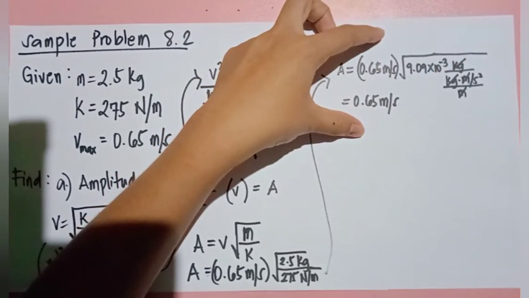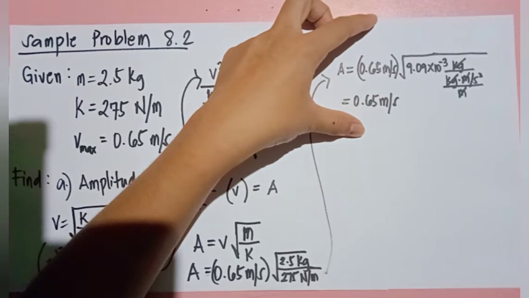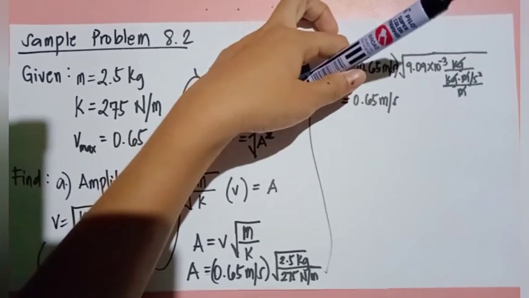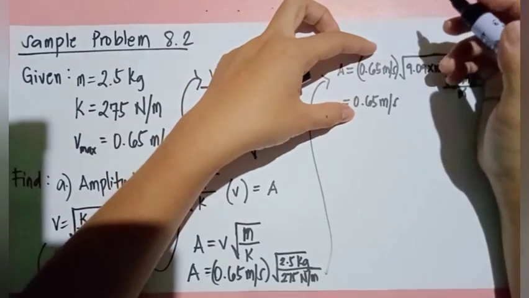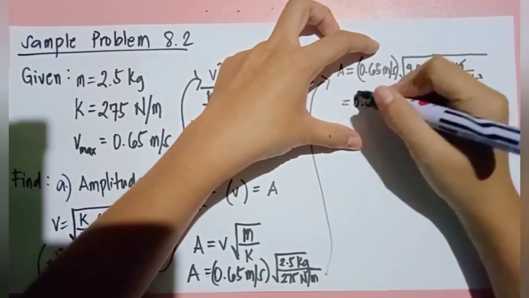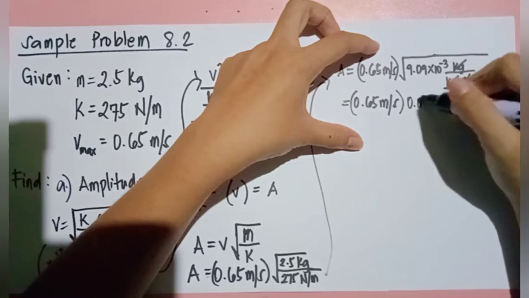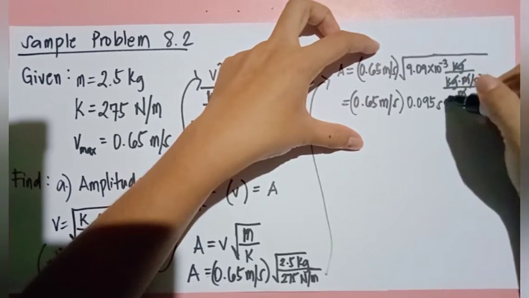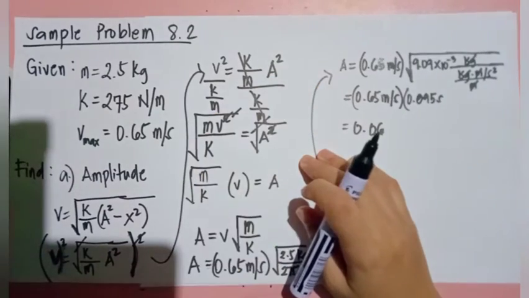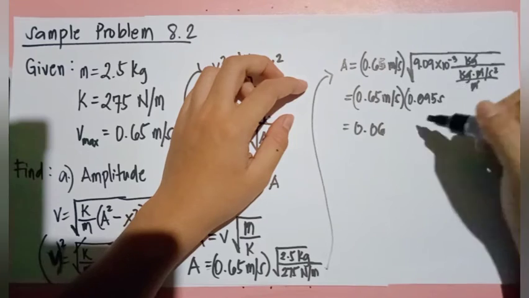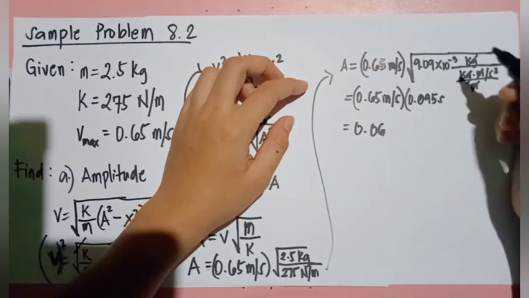Okay, so square root of 9.09 times 10 to the negative 3 is 0.095 seconds.